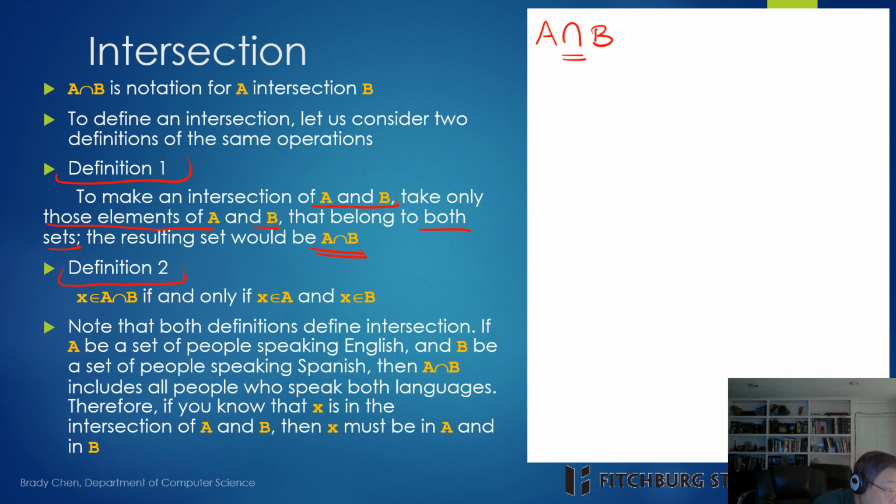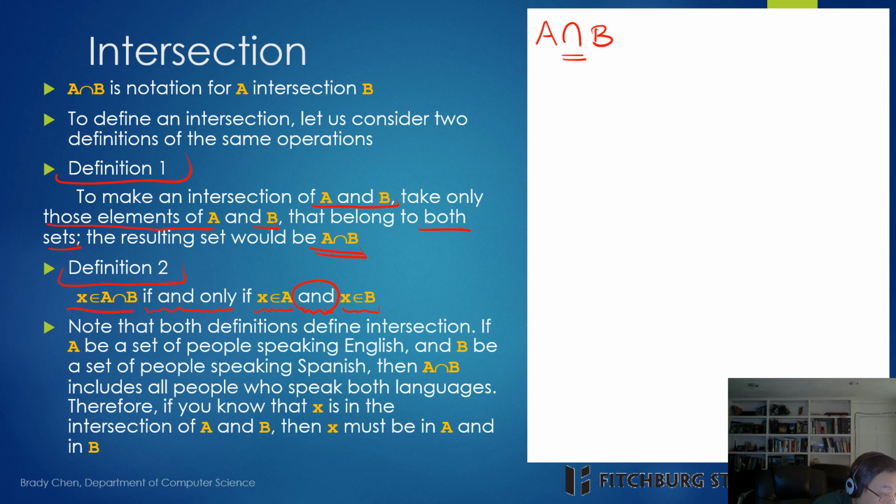Definition 2 says, an element X belongs to A intersection B if and only if X belongs to A and X belongs to B. Remember the "and", because for union it only says X belongs to A or X belongs to B. But now for intersection we have to make sure X belongs to A and X belongs to B.